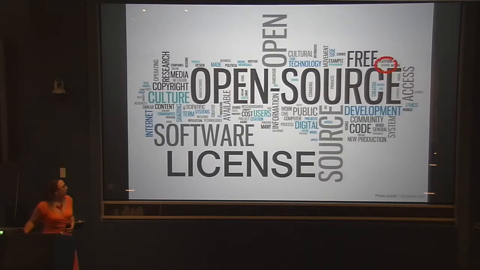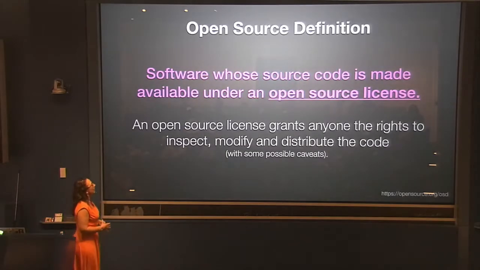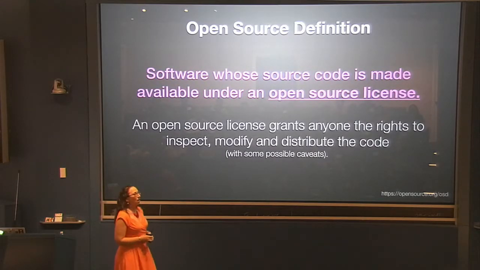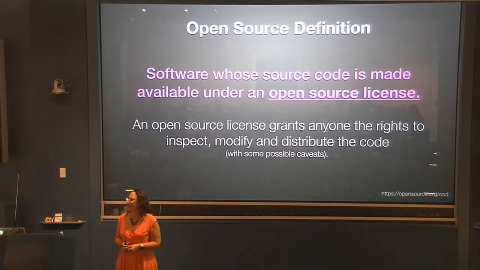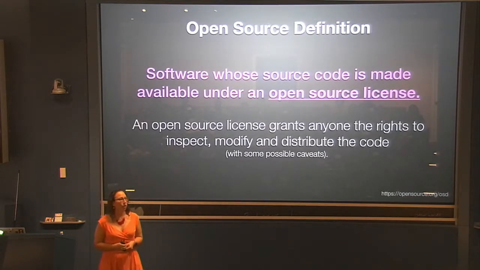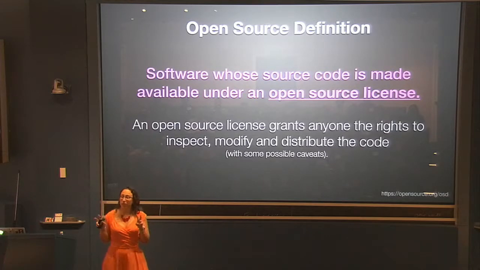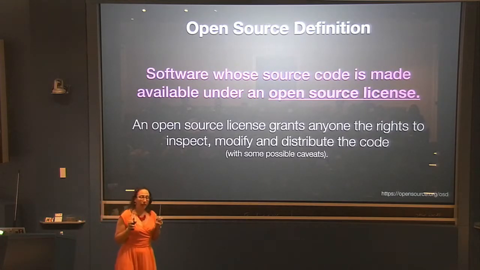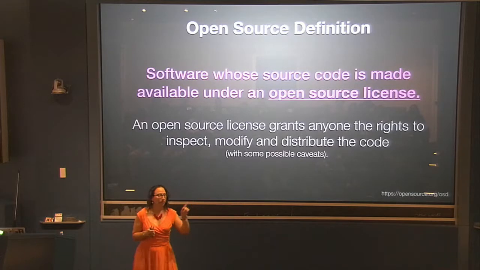So the open source definition is a piece of software whose source code is made available under an open source license. A lot of people will just say a code is open as shorthand for open source software. It's not open unless it has a license.